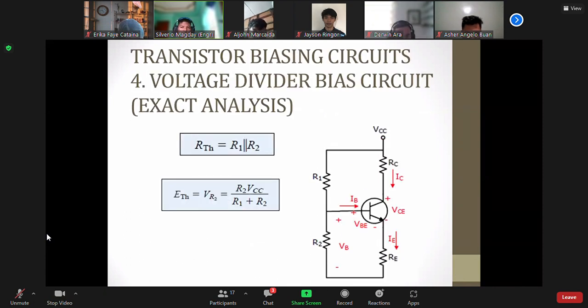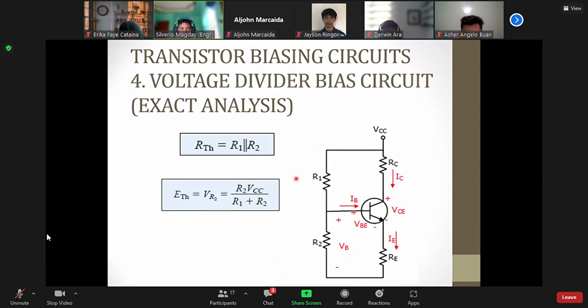Next, we have the voltage divider bias circuit, which is known as your exact analysis. From this, we will have your ETH and then your RTH, just like Thevenin's rule.